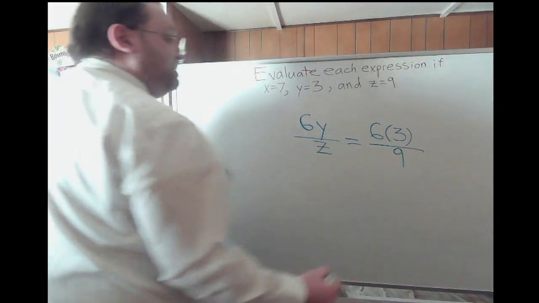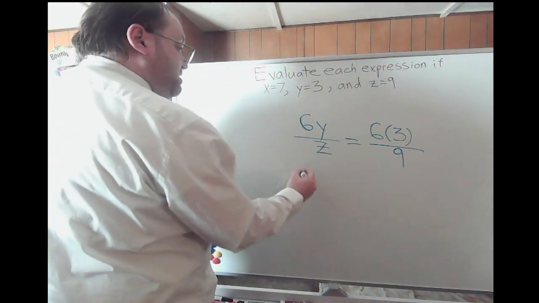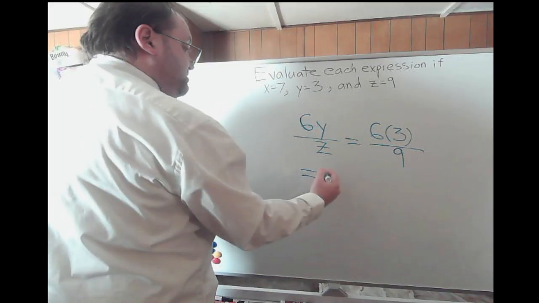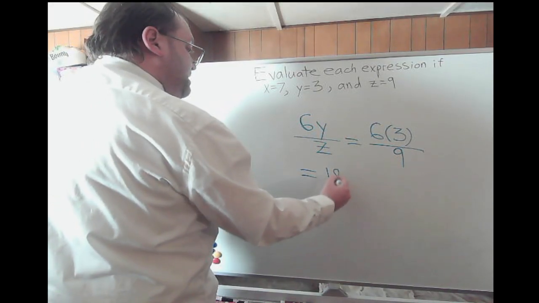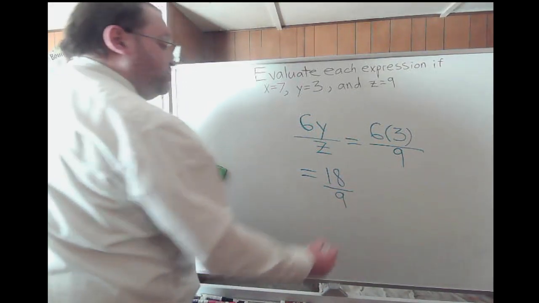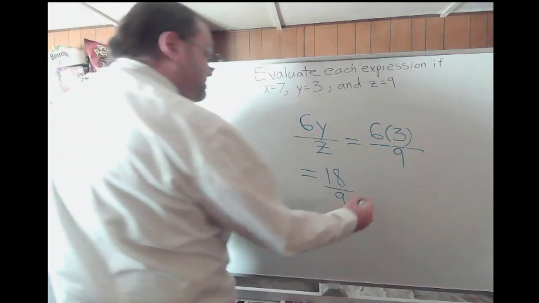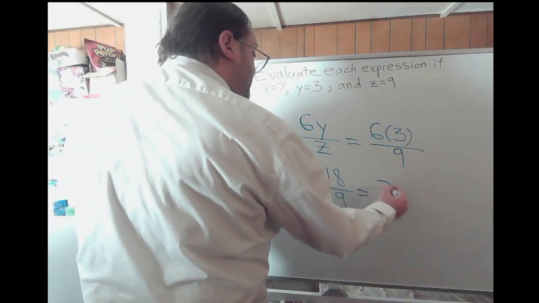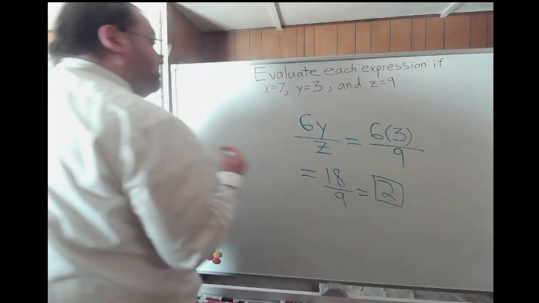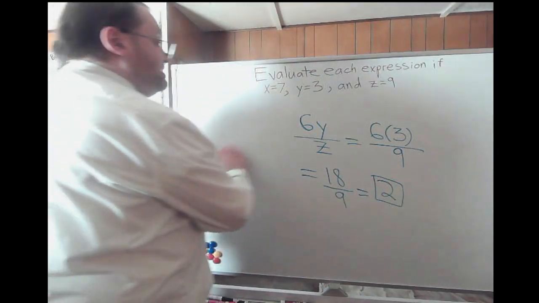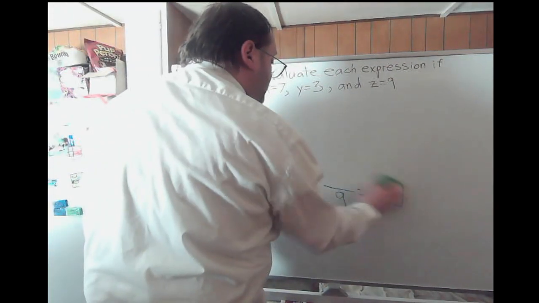So you'd have 6 times 3 over 9. 6 times 3 in the numerator, that's 18. You would have 18 over 9, and 18 divided by 9 is 2. So the answer to this equation would be 2. Basically, it's just a matter of plug and play.